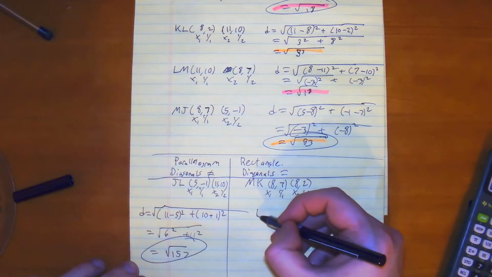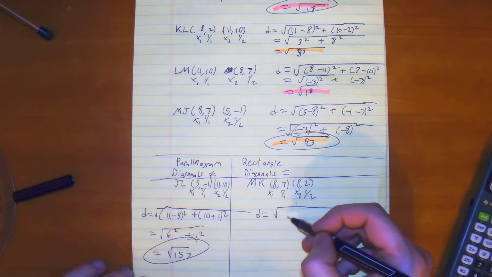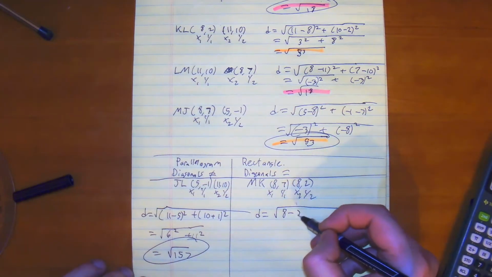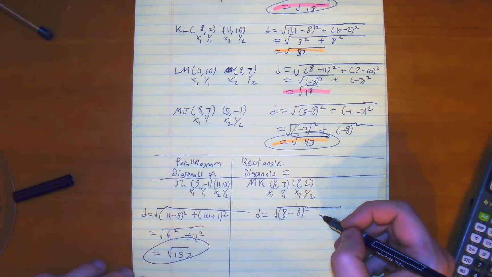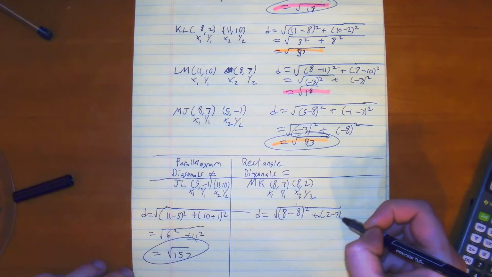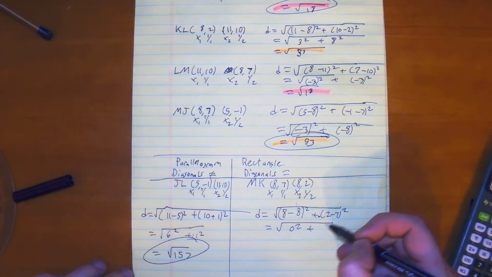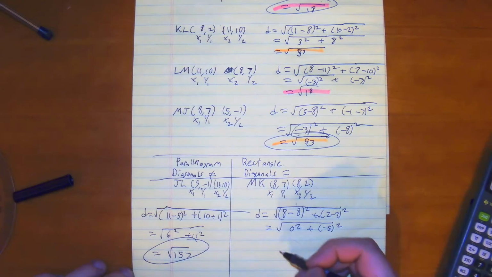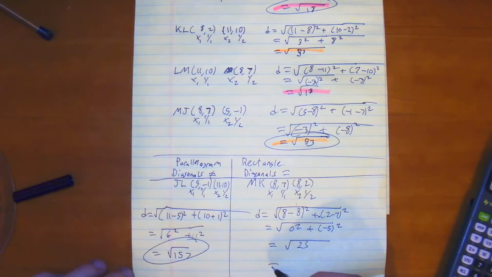Then here we do distance is equal to the square root of 8 minus 8 squared plus 2 minus 7 squared, which is equal to 0 squared plus -5 squared, square root 25, which is equal to 5.